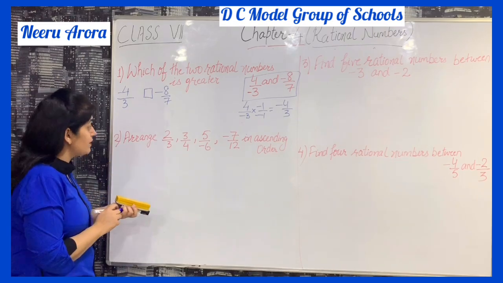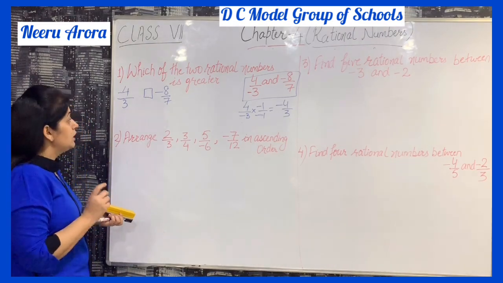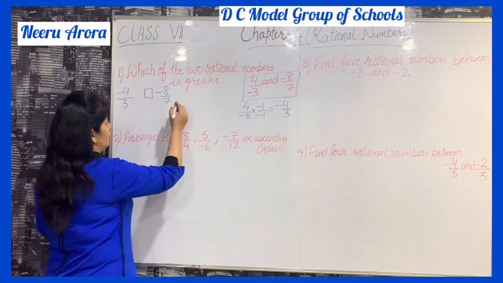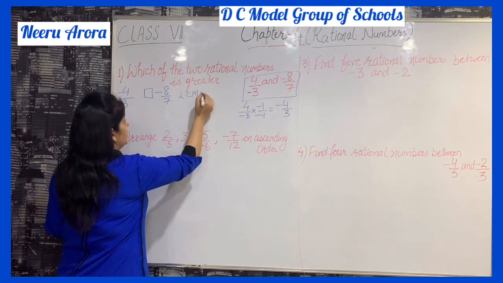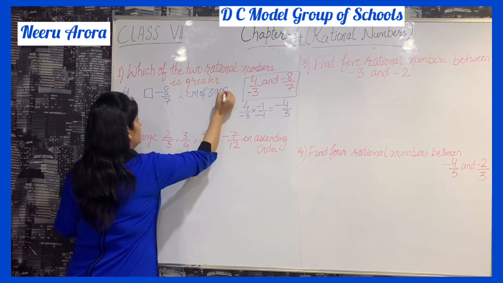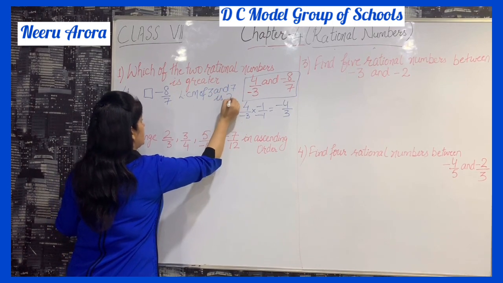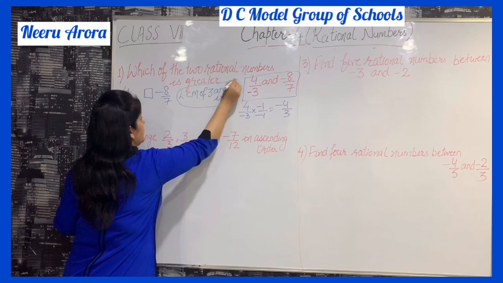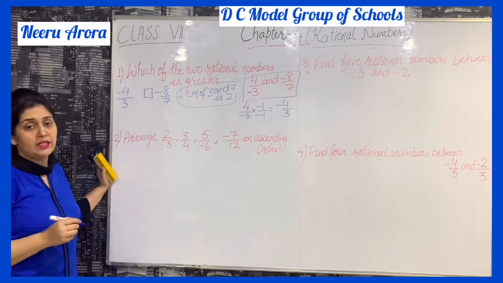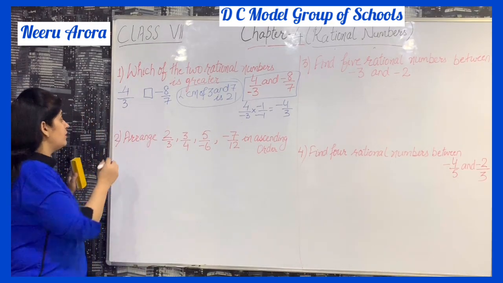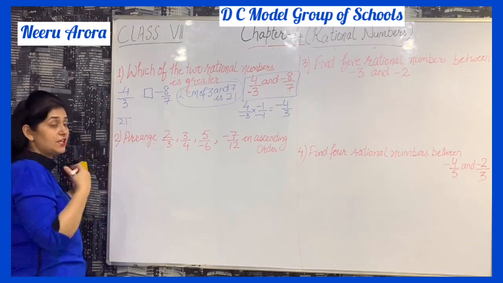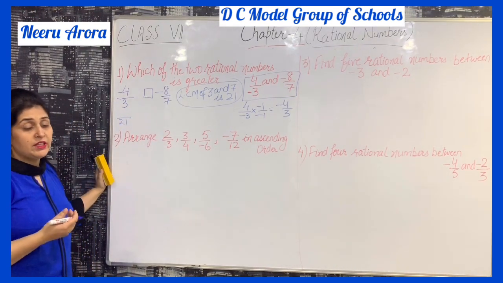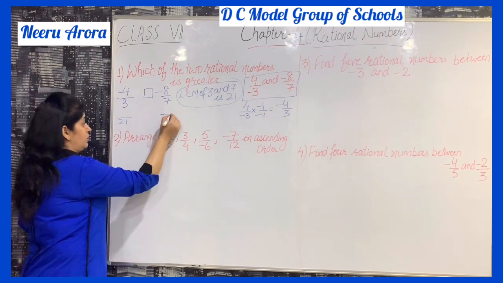Now take the LCM of the positive denominators. We have done the same sum in fractions also. So the LCM of 3 and 7 is 21. Now we want to express each rational number with the LCM as a common denominator.